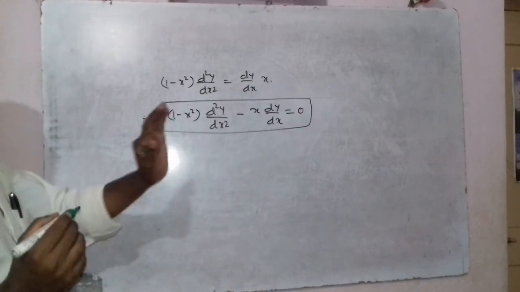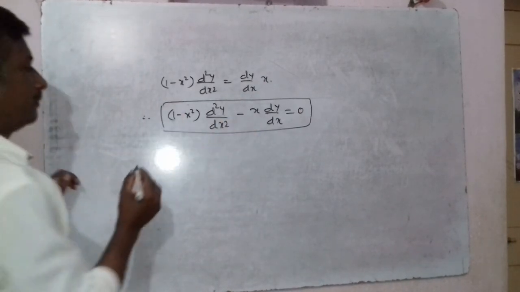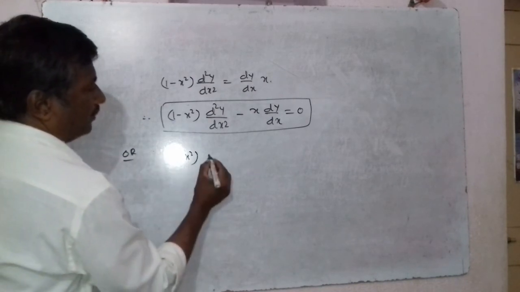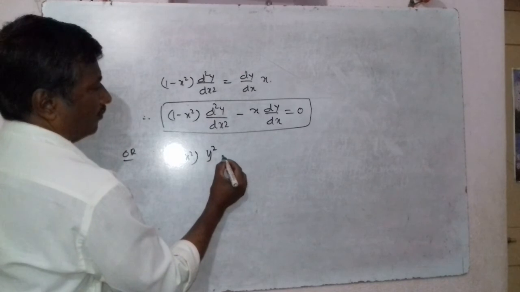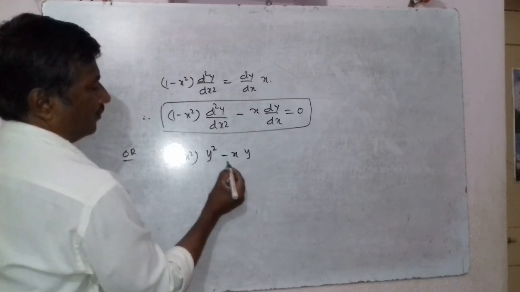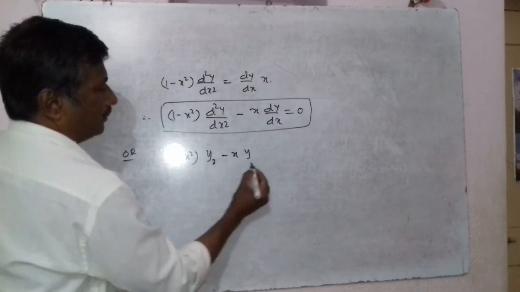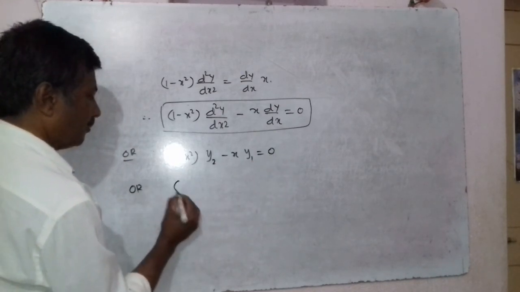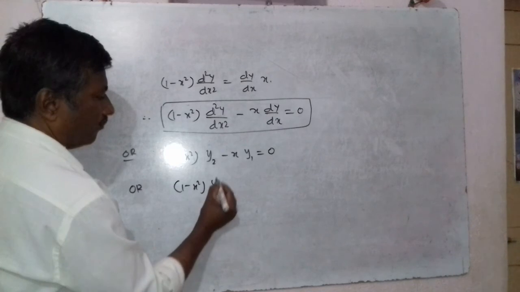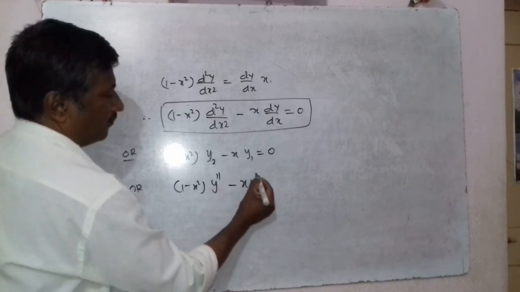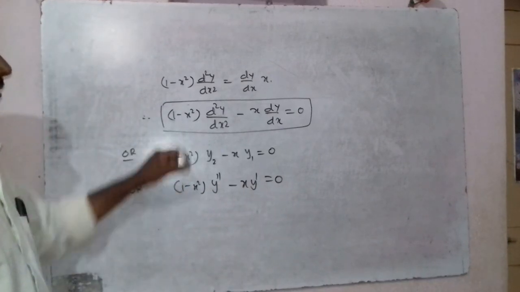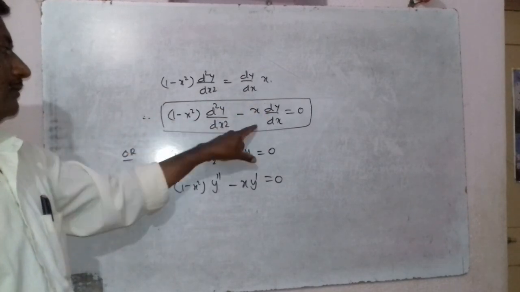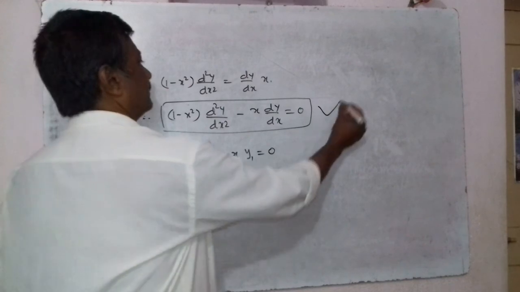This result is also expressed as (1 minus x square) y2 minus x y1 equals 0, or (1 minus x square) y double dash minus x y dash equals 0. In the question it is given like this, so this much is sufficient.